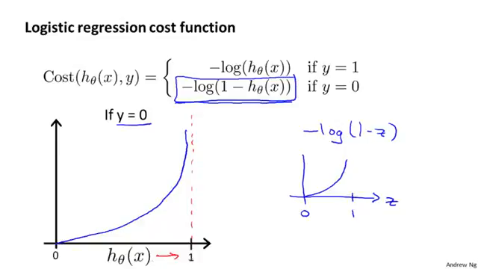This captures the intuition that if a hypothesis predicted that h of x is equal to 1 with certainty, with probability 1, so it's absolutely got to be y equals 1, but y turned out to be equal to 0, then it makes sense to make the learning algorithm pay a very large cost. And conversely, if h of x is equal to 0 and y equals 0, then the hypothesis nailed it. It predicted y is equal to 0, and it turns out y is equal to 0. So at this point, the cost function is going to be 0.